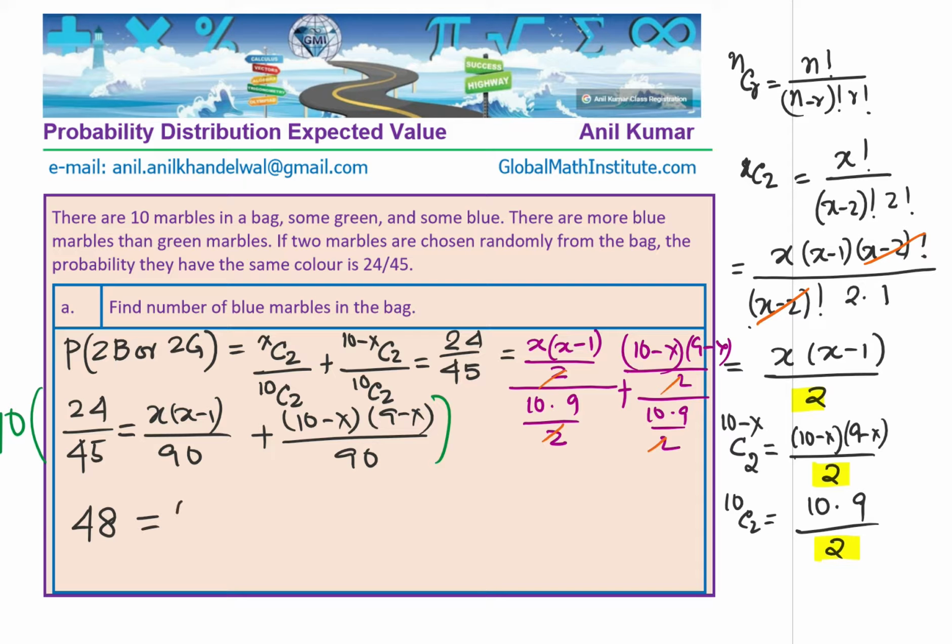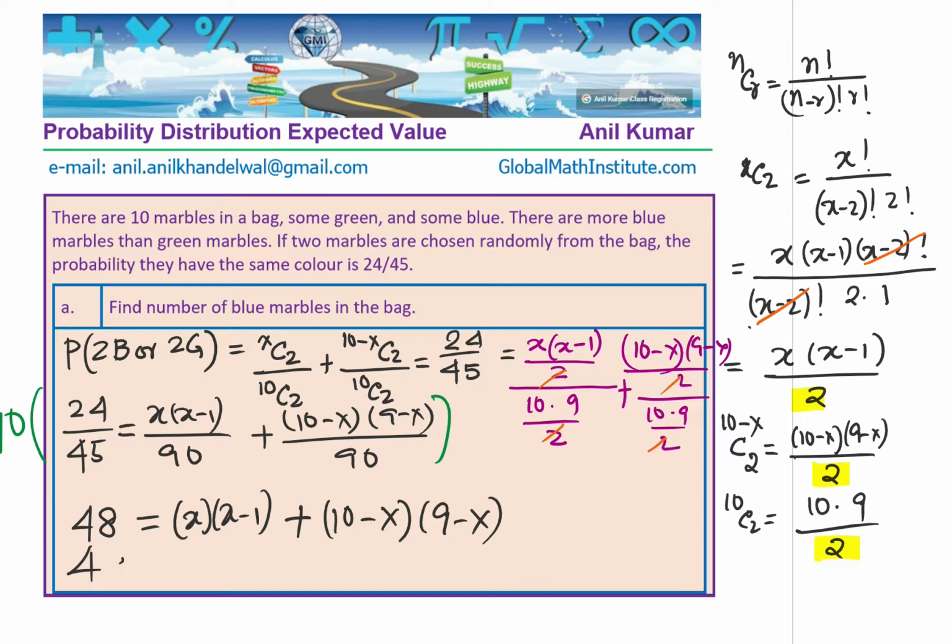Equals x times (x minus 1) plus (10 minus x) times (9 minus x). Does it make sense to you? So we get this equation to solve. Well, let's take it to the next page and solve it.